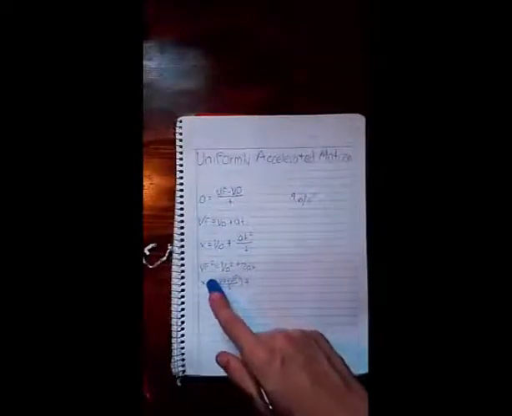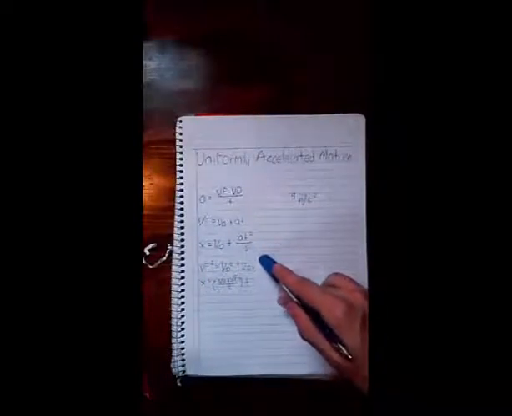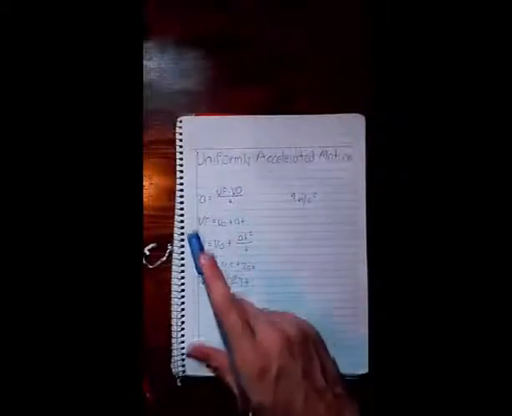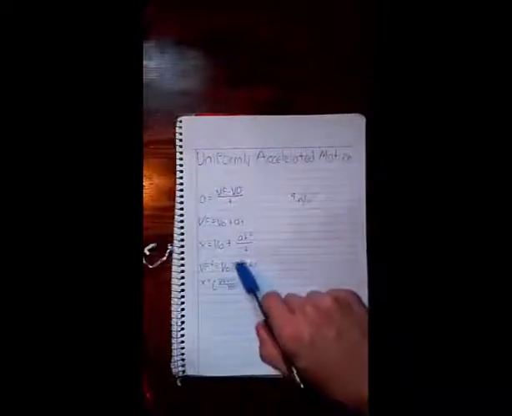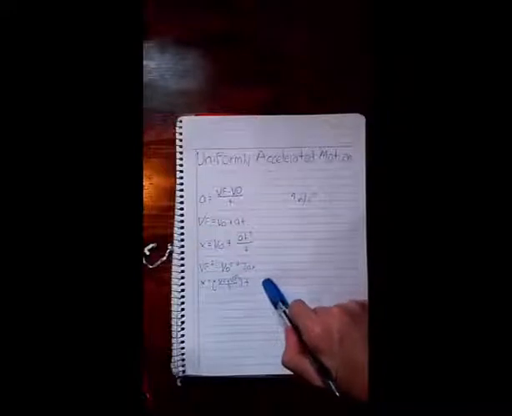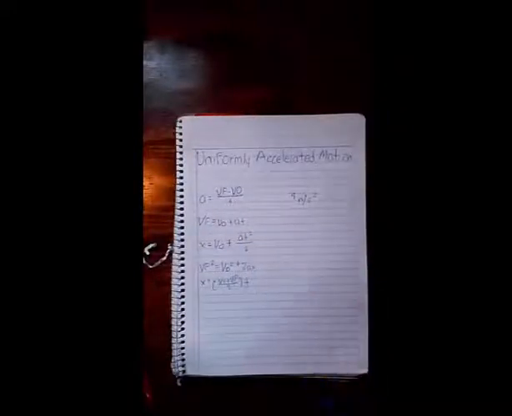Final velocity squared is equal to initial velocity squared plus 2 times acceleration multiplied by distance. Distance is equal to initial velocity plus final velocity over 2 multiplied by time. Those are the formulas of uniform accelerated motion.